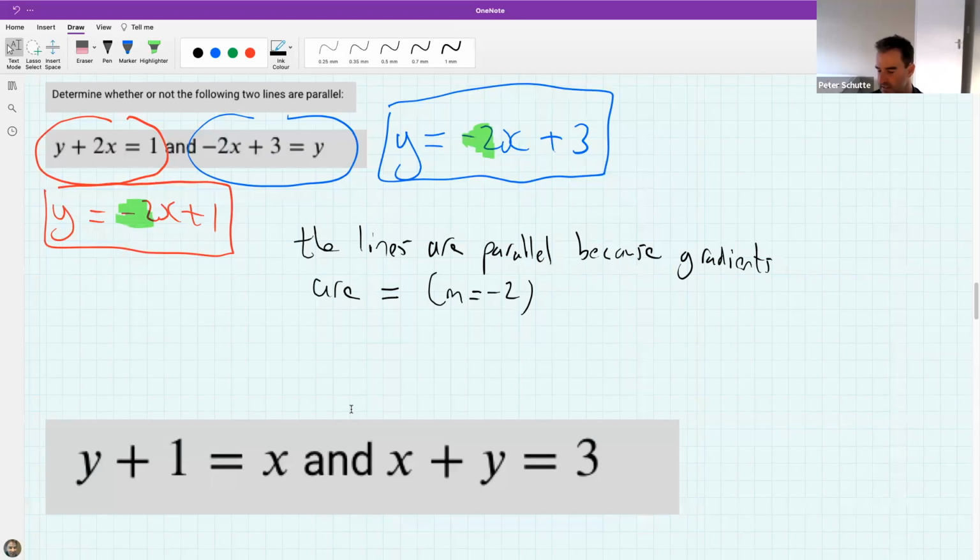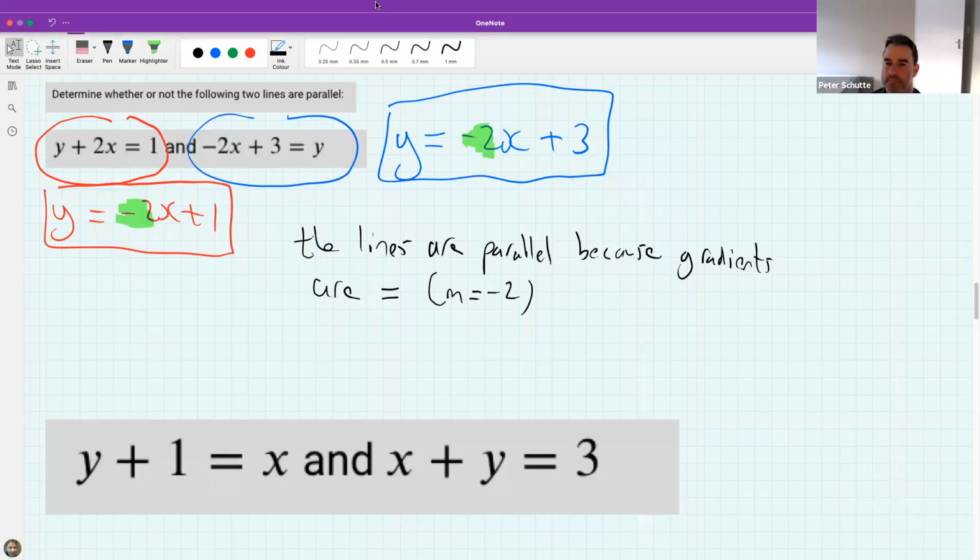You can do it. I've left the other example on for you to give you a scaffold, a guide.